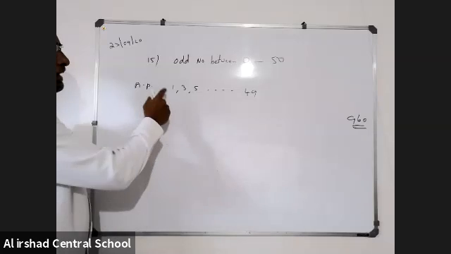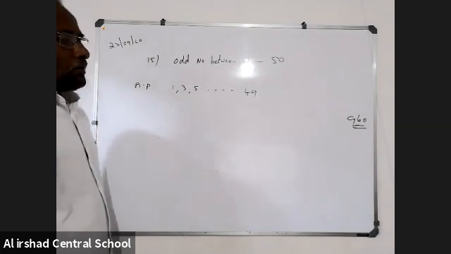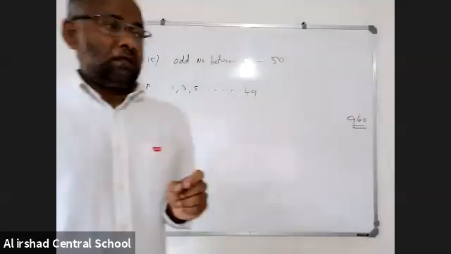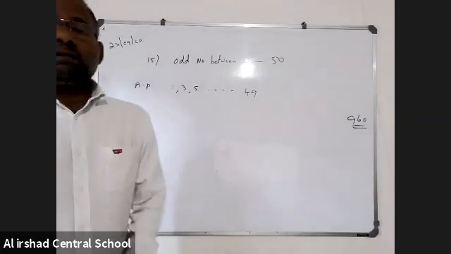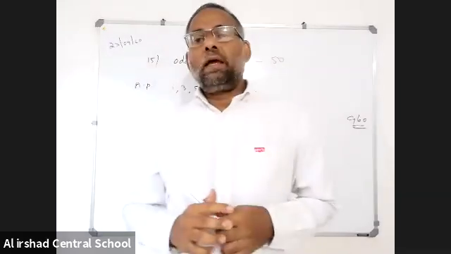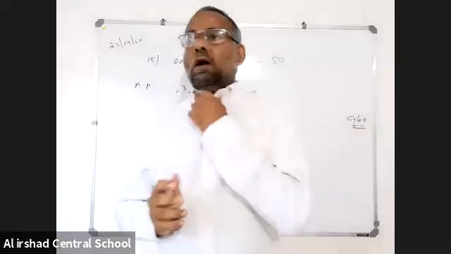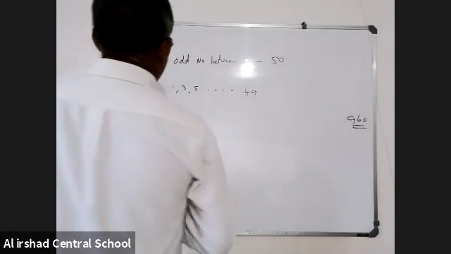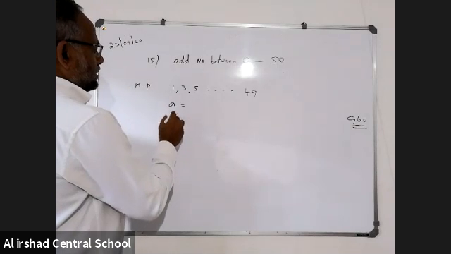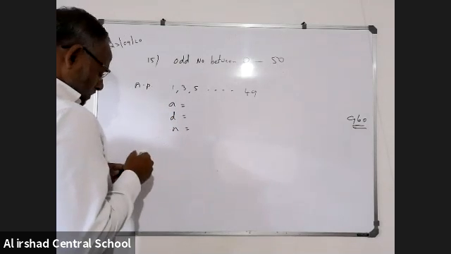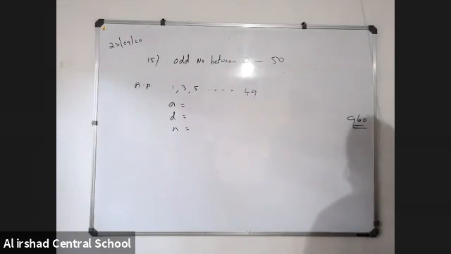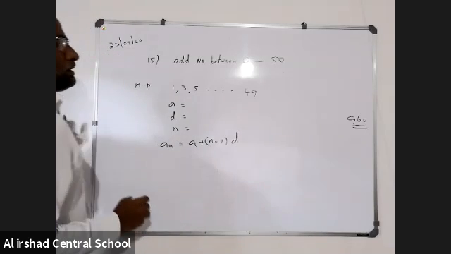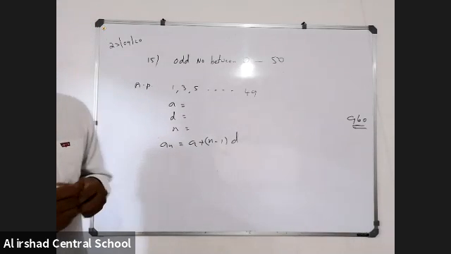We know A, and we will get L. One more thing is needed: N. We also have to find N. How can we find N? You have the formula: N is equal to A plus N minus 1 into D. That is the way you have to find it.